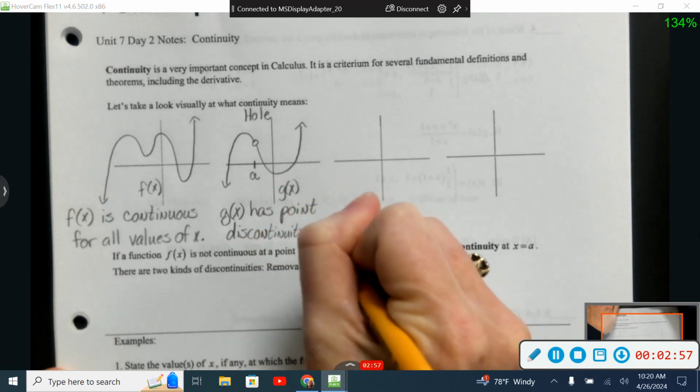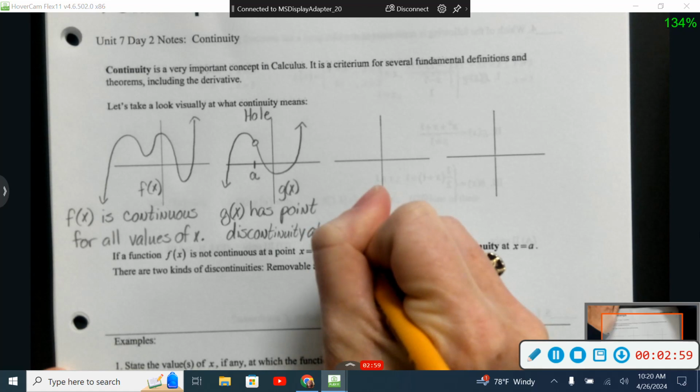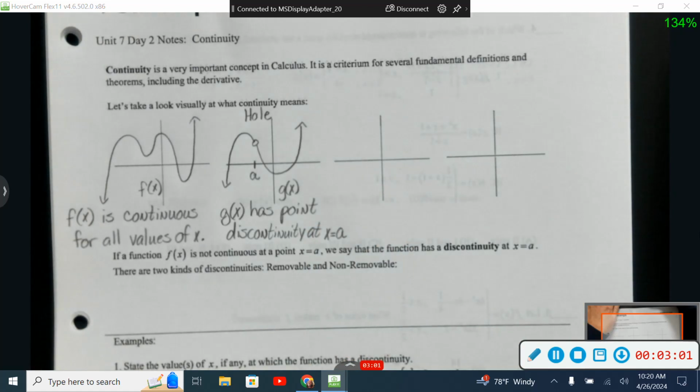Anytime that you see a hole in a graph, it's what we call point discontinuity. I'm going to start abbreviating the word discontinuity as D-I-S-C, disc, so you'll see me start writing disc. So g of x has point discontinuity where x is equal to a, let's say at negative 2.